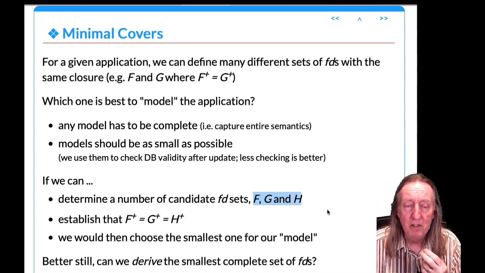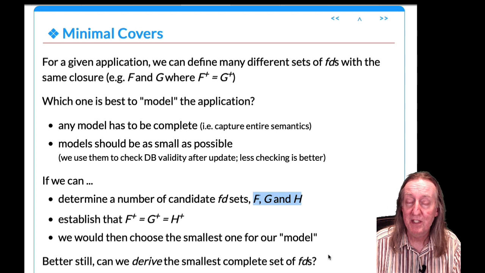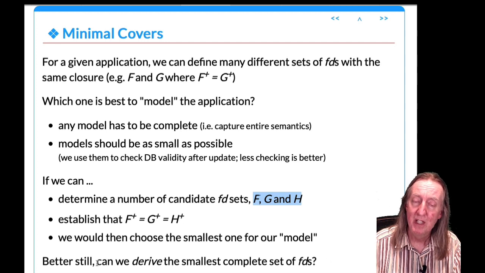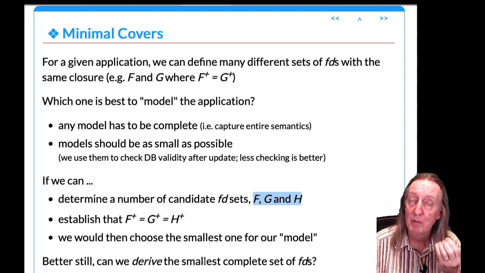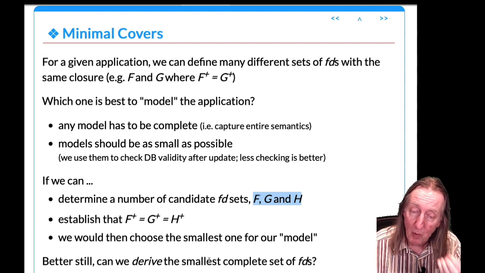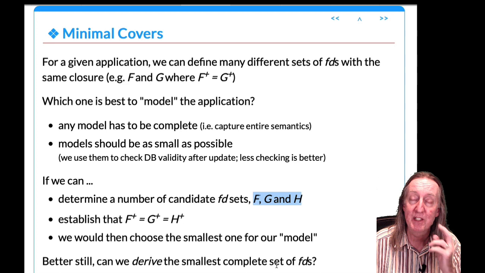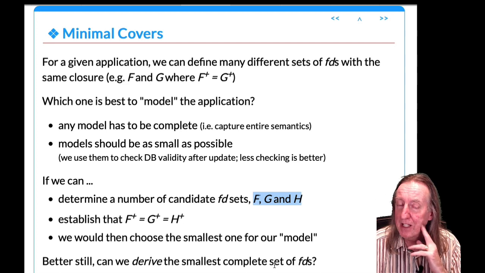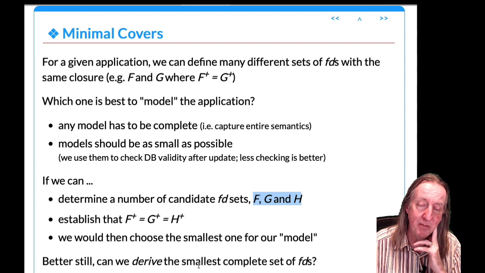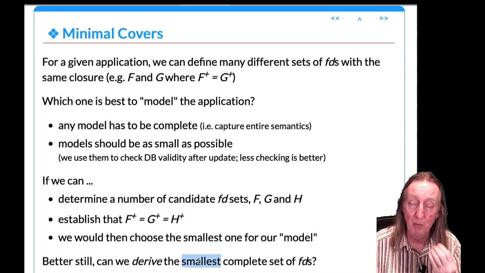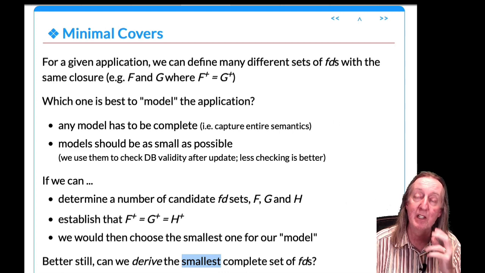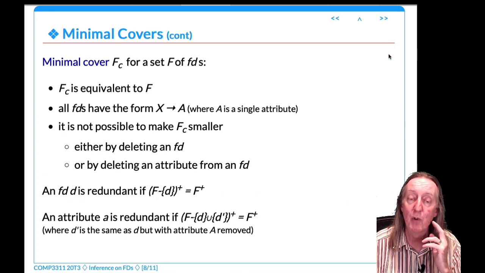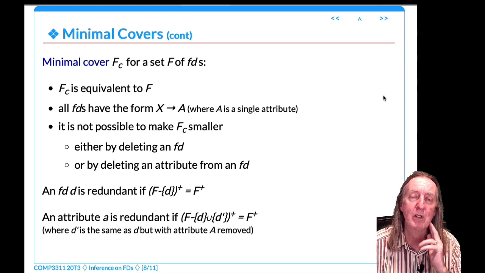So another approach is to take a set of functional dependencies and then use them to derive a smaller but still complete set of functional dependencies. And if our derivation approach is smart enough, it's going to produce the smallest set of functional dependencies, and we said that we like things to be as small as possible.